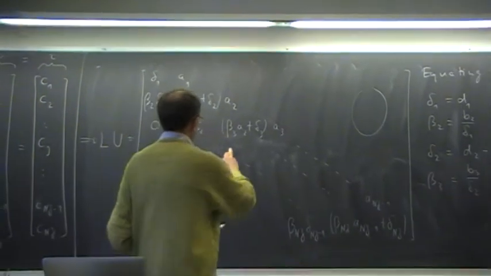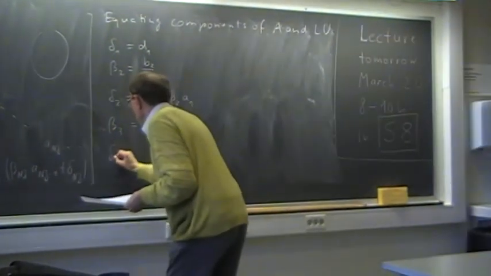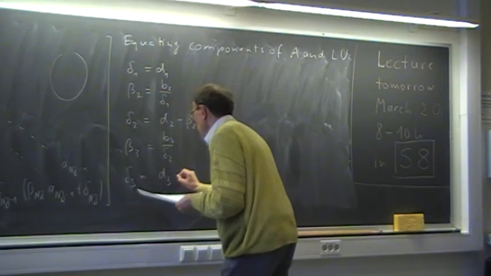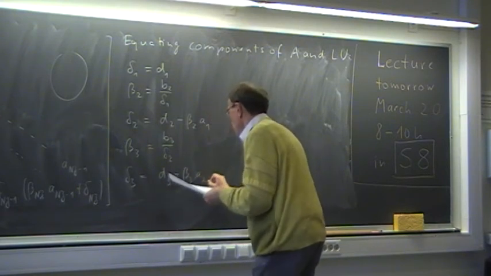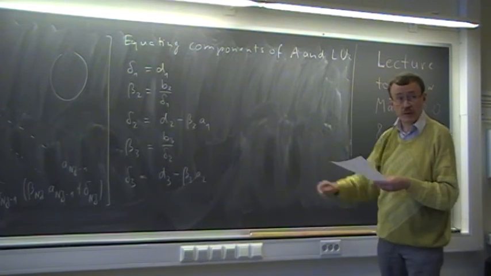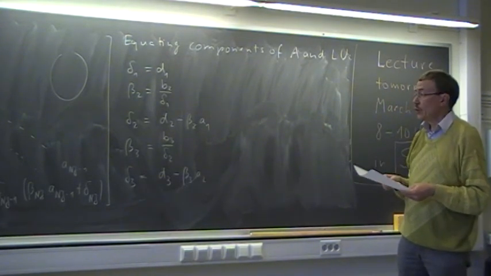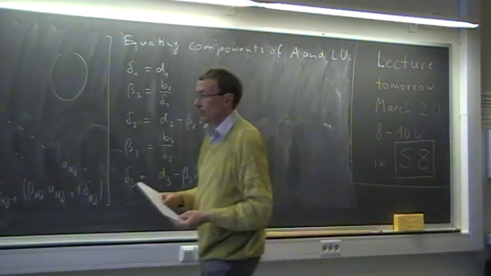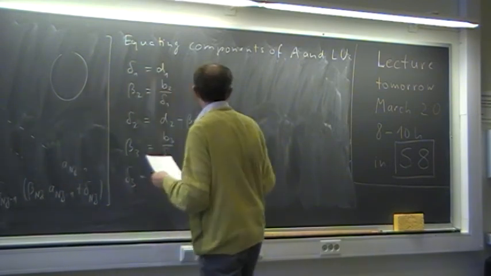So we know already the beta 3, we want to determine the delta 3. Delta 3 is then equal to the D3 minus the beta 3 A2. So we see here the pattern. So from that we can then see what the algorithm will be to determine the deltas and the betas. That then gives us the LU decomposition.